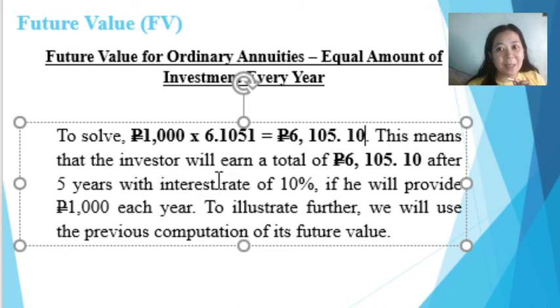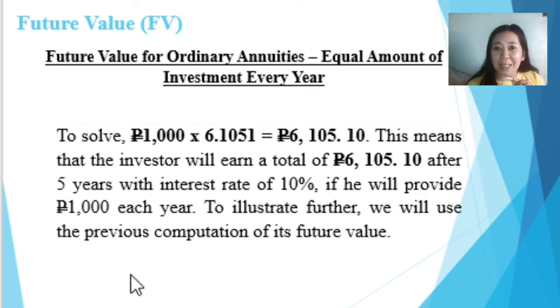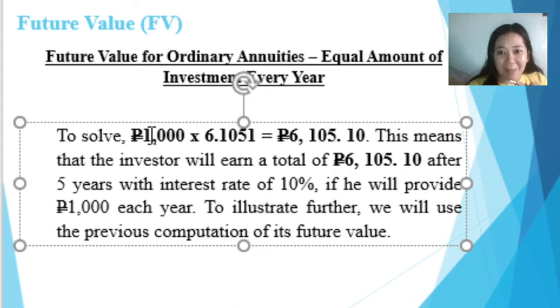This means the investor will earn a total of 6,105.10 after 5 years with interest of 10%, if he provides 1,000 each year for 5 years. The table makes our life easier when it comes to solving future value. All you have to do is locate the interest factor and multiply it with our investment.